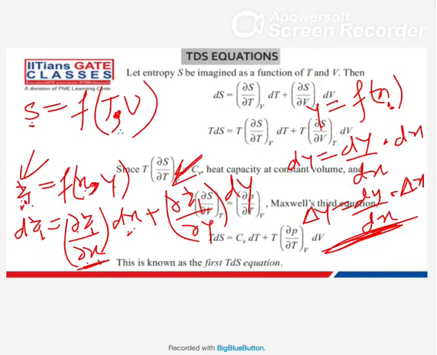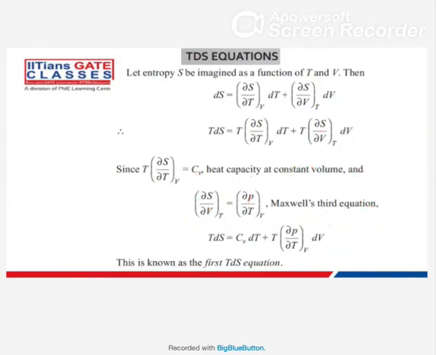Now, we have considered S is a function of T and V. So dS equals dou S by dou T at constant volume dT plus dou S by dou V at constant temperature dV.